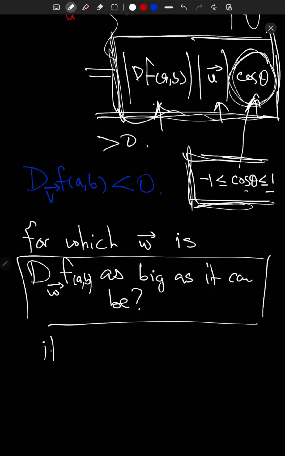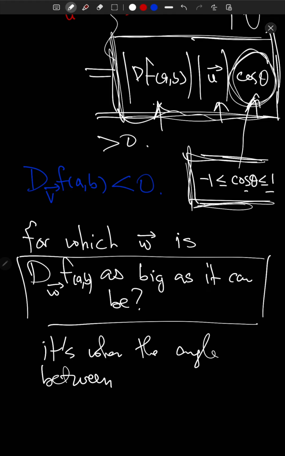All right, so it's when the angle between gradient f at (a, b) and u is, sorry, 0 degrees. How many times did I say 90 degrees? Sorry, it's 0 degrees. In other words, same direction.